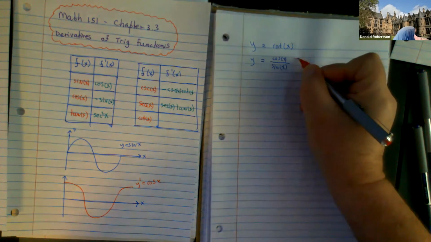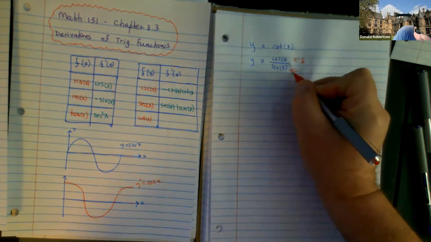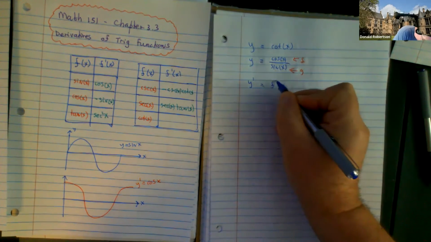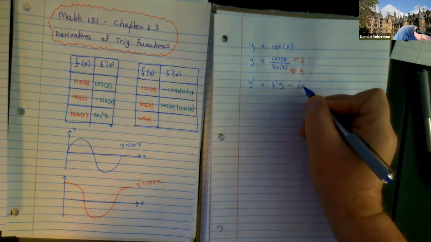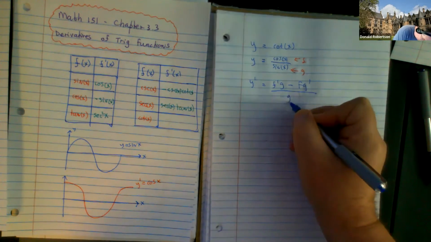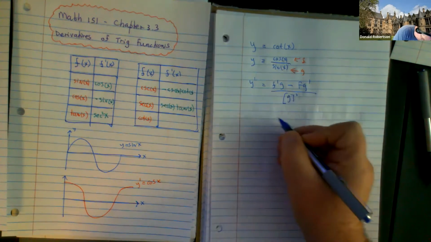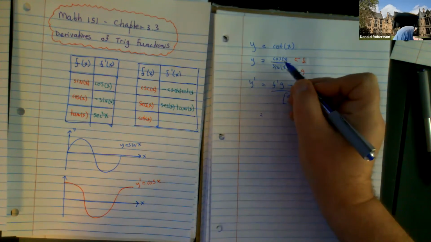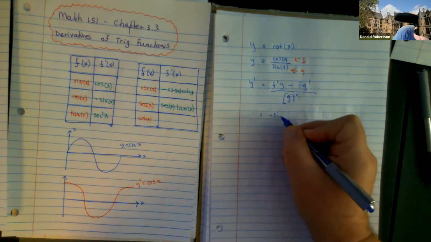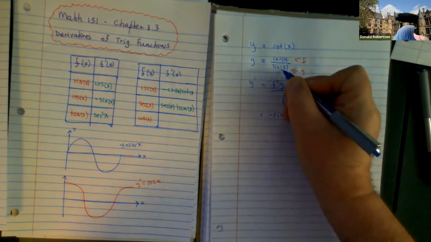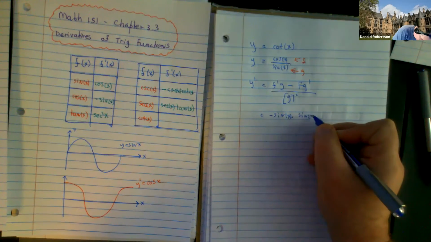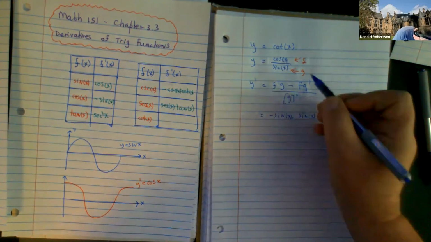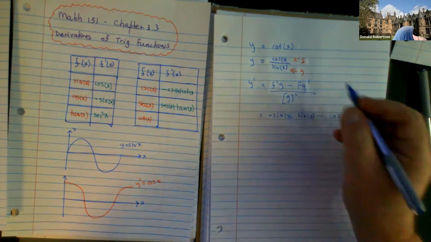So top is f, bottom is g. The derivative then, f dash g, take away f g dashed, over g squared. The top guy, if you differentiate a cosine, you get a negative sine, and you leave the bottom one alone, which is sine x. Take away, leave the top one alone, which is cosine x, and times the bottom.